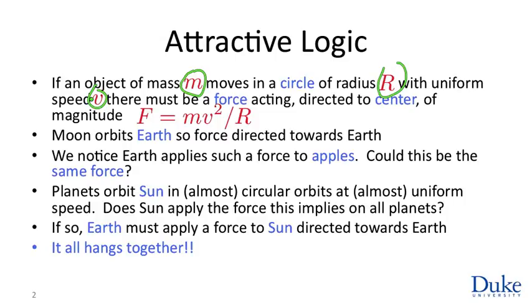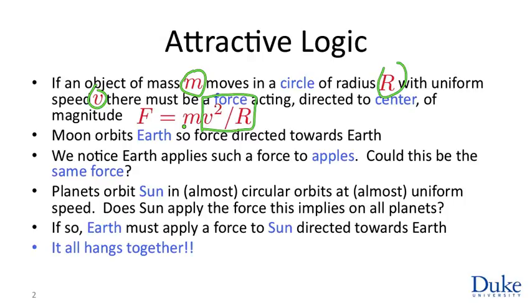So if you see anywhere in the universe an object that is governed by Newton's laws, like everything is, moving around in a circle of radius r with speed v, then there is a force acting on that object, attracting it towards the center of the circle in which it is moving, and the magnitude of that force is the centripetal acceleration that we computed, v squared over r, times the mass of the object, because F equals ma. If you know the acceleration, you can deduce the force.